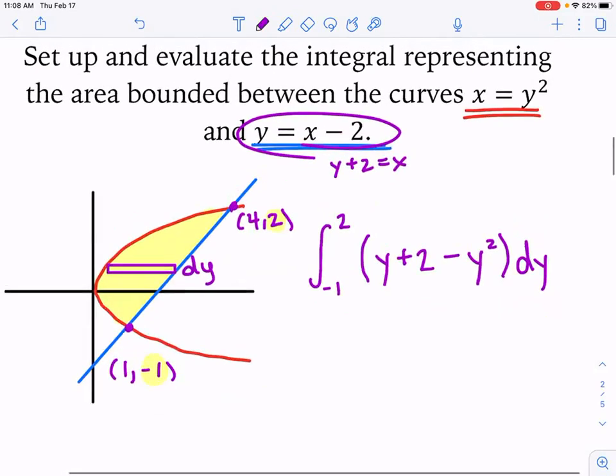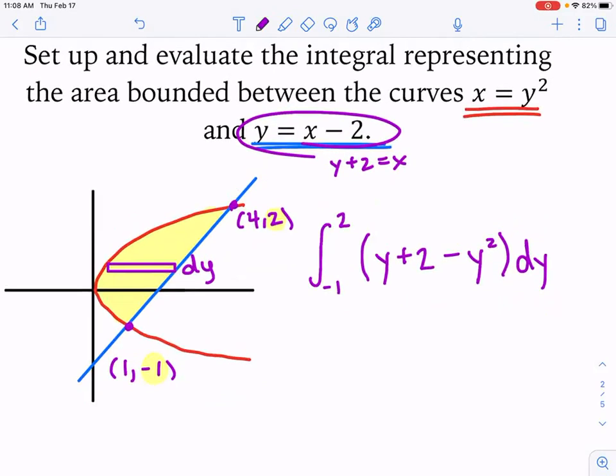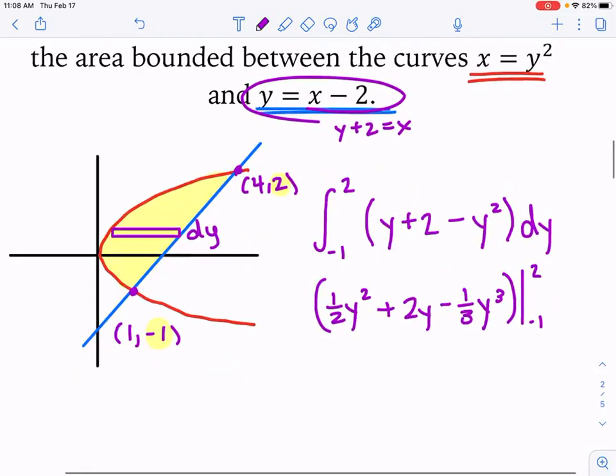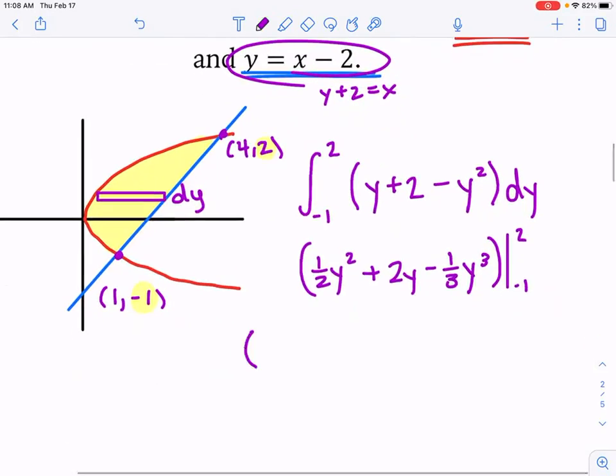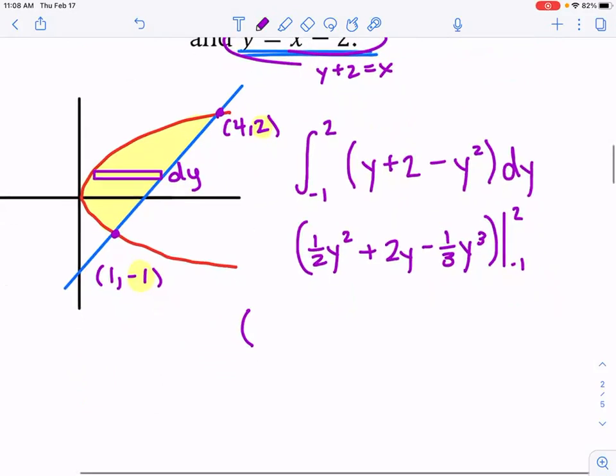Okay, now look how much simpler this is, right? Let's do this by hand. We can totally do this. 1/2 y squared plus 2y minus 1/3 y cubed. This is good practice for us, from -1 to 2. We got to remember the fundamental theorem of calculus. We can't just forget about it, right? Okay.